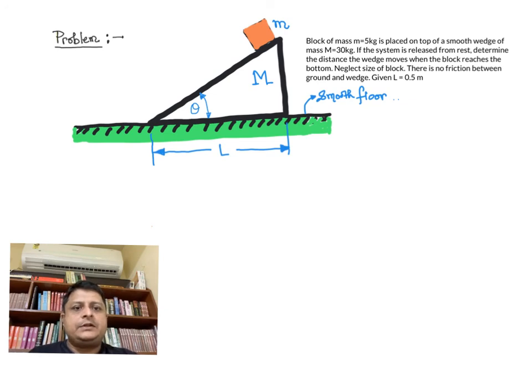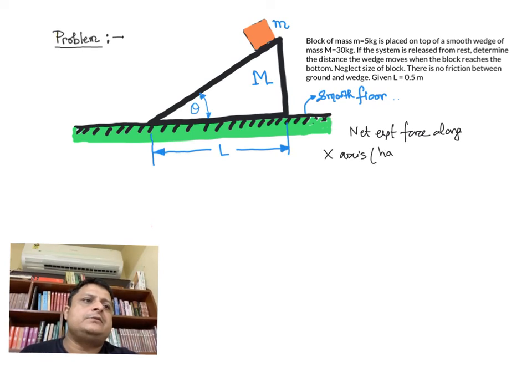Here the x component of velocity of center of mass is 0. And also the x coordinate of center of mass does not change. Why does it not change? Because the net external force along the x-axis, that is the horizontal direction, is equal to 0.